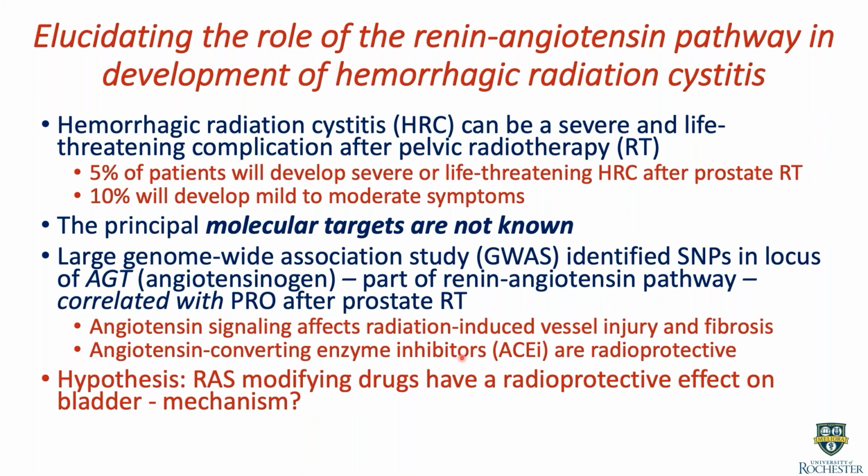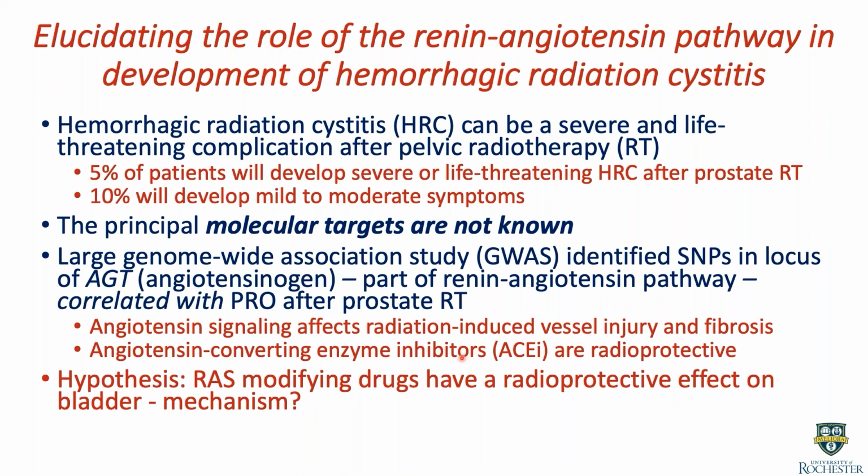So the angiotensinogen gene is part of the renin-angiotensin system and is the precursor for Ang1. And Ang1 is cleaved to Ang2 by the angiotensin converting enzymes, or ACE. And Ang2 binds to its receptors to regulate tissue inflammation and vascular networks.